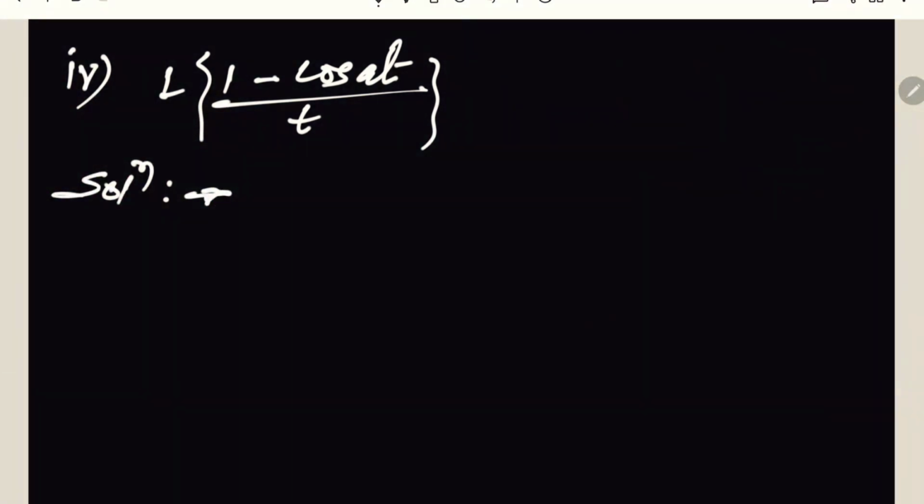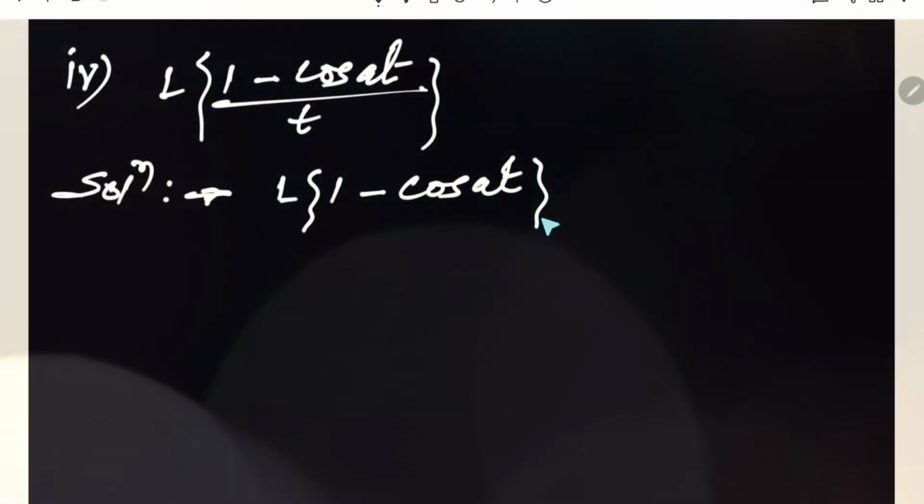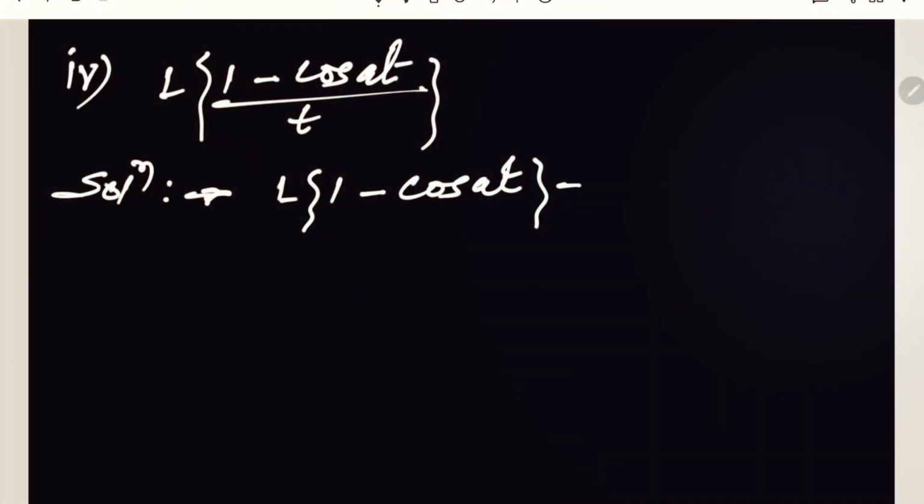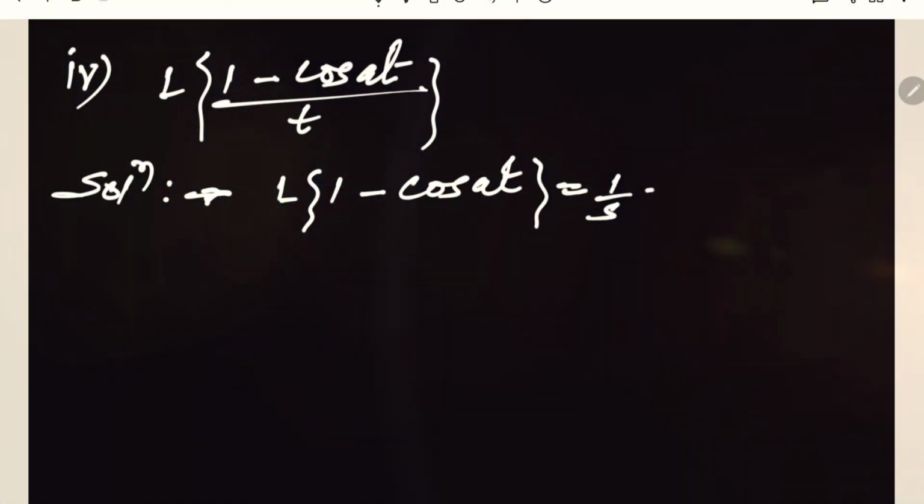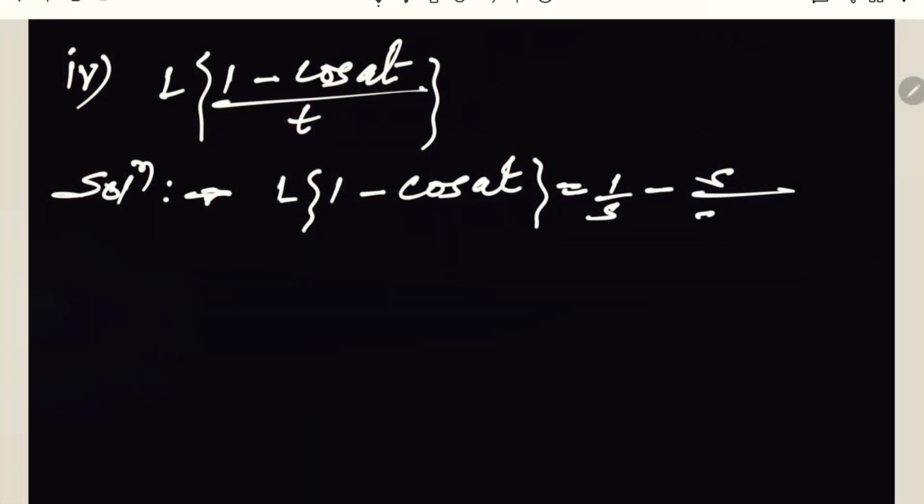Therefore, the function here is 1 minus cos at, whose Laplace transform we can obtain by the standard result. Laplace of 1 is 1 by s, and Laplace of cos at is s upon s square plus a square.